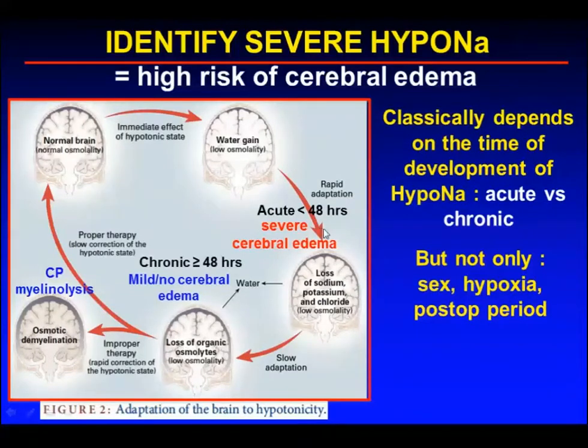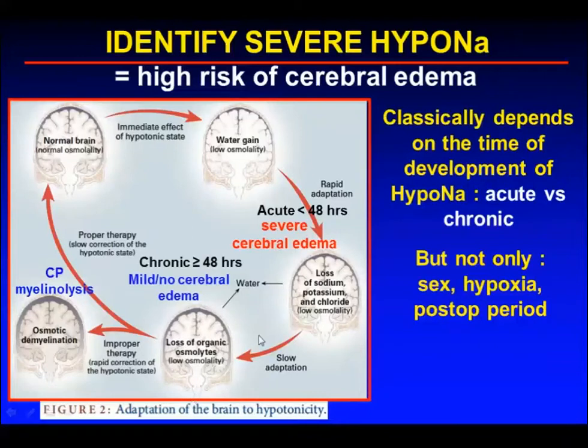And in the acute situation, you will have a small adaptation with a decrease in intracellular electrolytes and osmotic solutes, which permits to decrease the osmotic gradient and to not have too important an increase in brain water, but it remains a situation with a risk of cerebral edema.